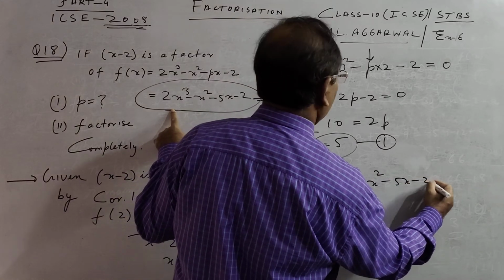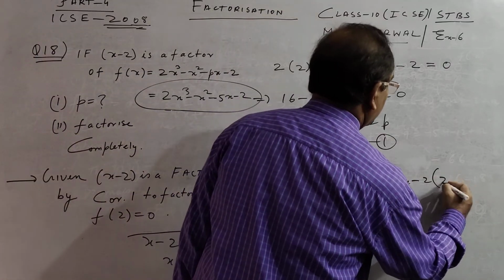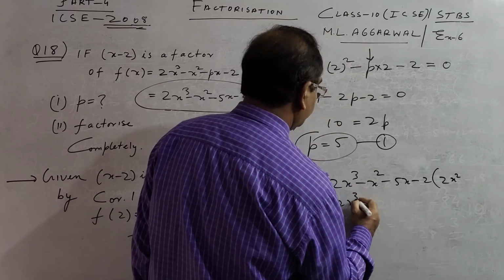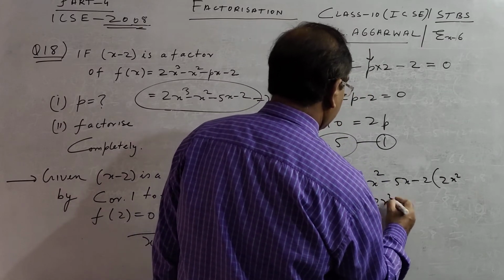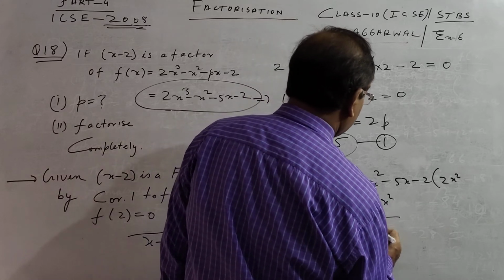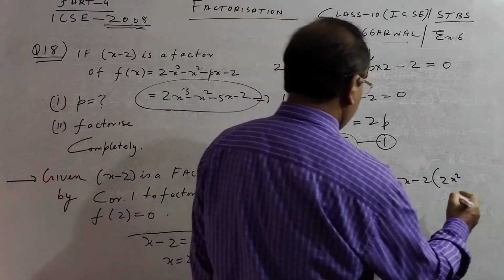Okay, so I'm writing here 2x square is the first factor. So you get 2x square. So you subtract. Okay, so we get x square minus 5x. Next you do with x.